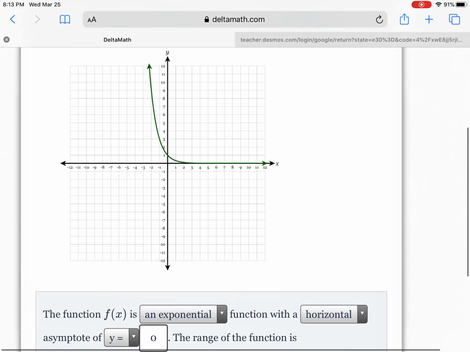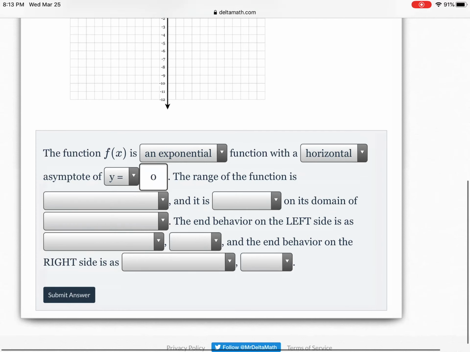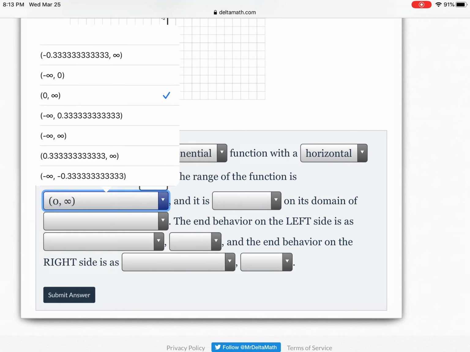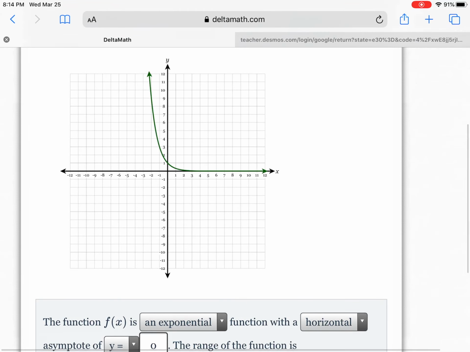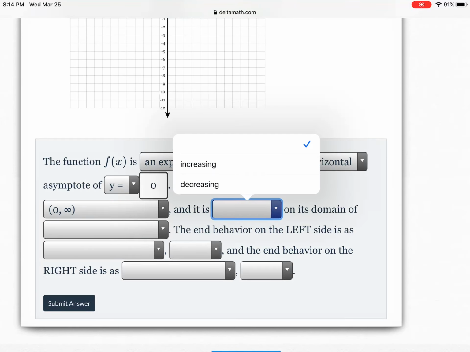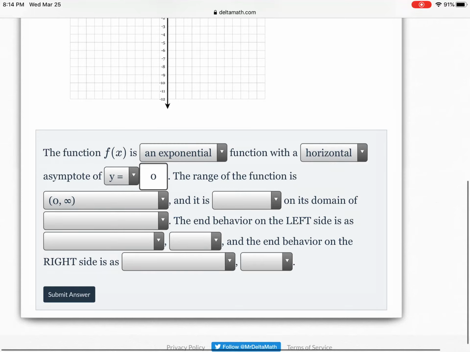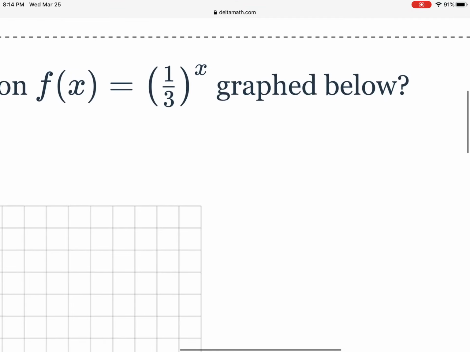The range of this function goes from 0 to positive infinity. So it's farthest down is 0, farthest up is infinity. And it's got a decreasing domain because as I go to the right, it decreases because that's a fraction.